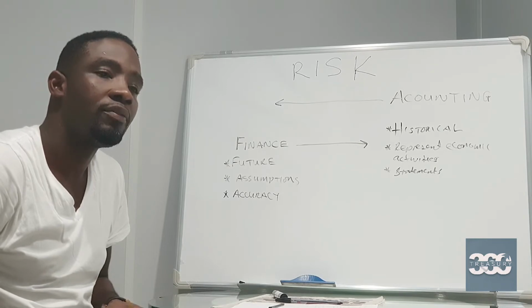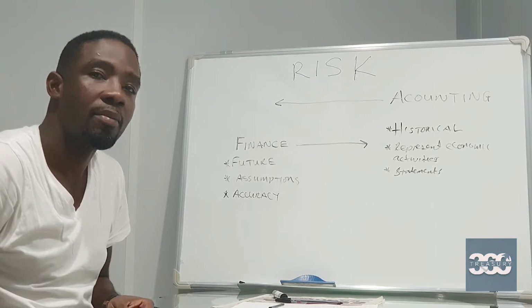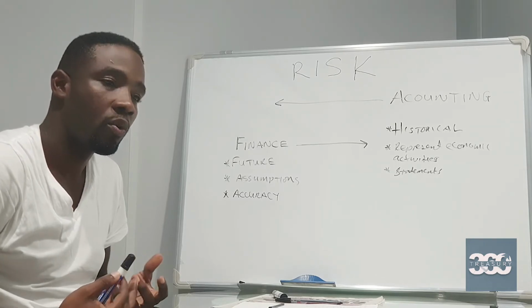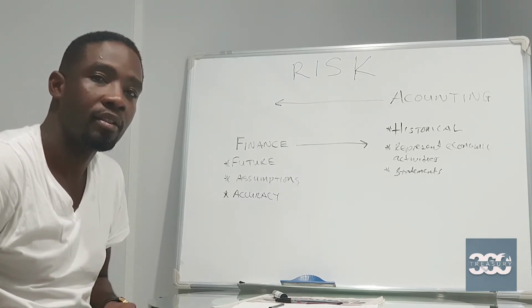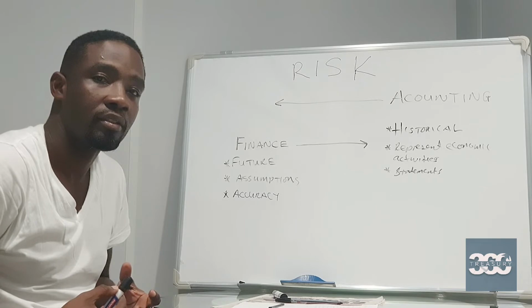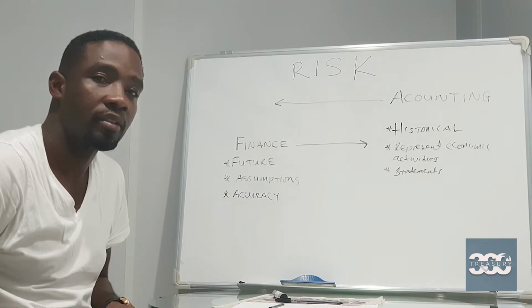So an accountant views risk as a possible misrepresentation of what happened in the past. This is very important as to how you would treat and perceive risk in the treasury environment.